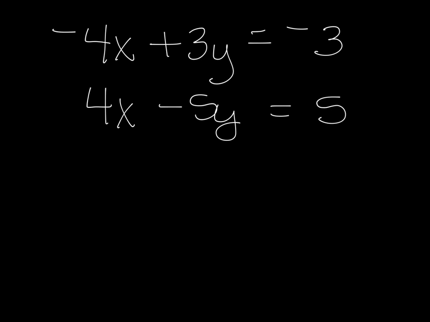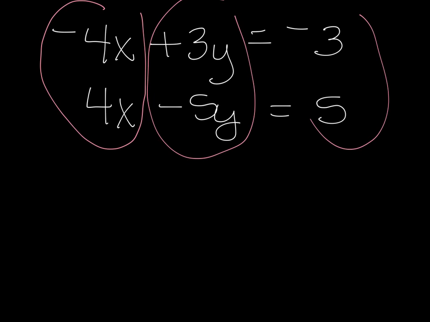The first thing you need to do is make sure that your x terms, your y terms, and your constants are all lined up, which they are. And the goal in elimination is to get one of the variables so that they can cancel out. For example, if you look at negative 4x and positive 4x, if I added those together, that would give you 0, which is what we want to do.